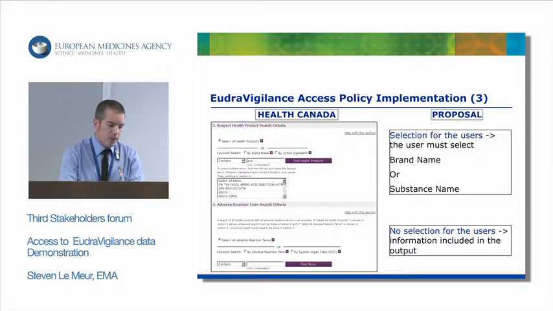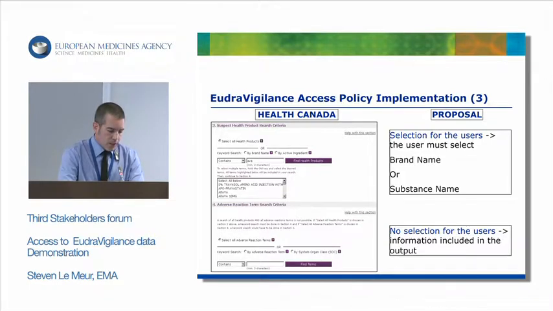If we now look at the third point, which is the suspect health product search criteria. In the Health Canada implementation, you can select a drug or substance, and that will be the same in our implementation. The user will have to select either one brand name or one substance name.